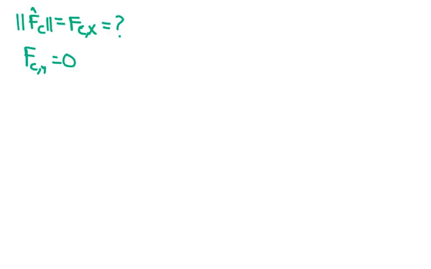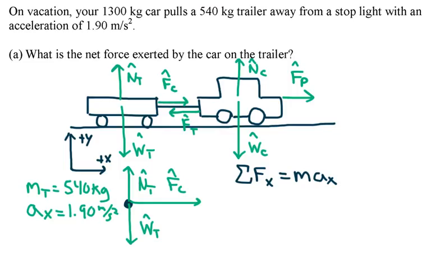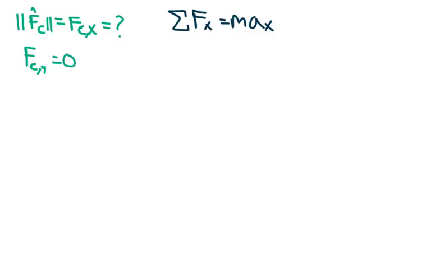Alright, now summing up all of my forces in the x direction, setting that equal to mass times a sub x. So let's look at the left-hand side, summing all the forces up in the x direction. In this case, we only have the one, so we'll say that is F, the force of the car in the x direction.